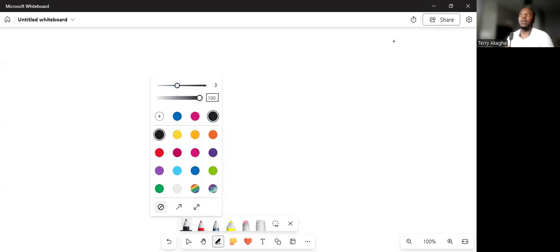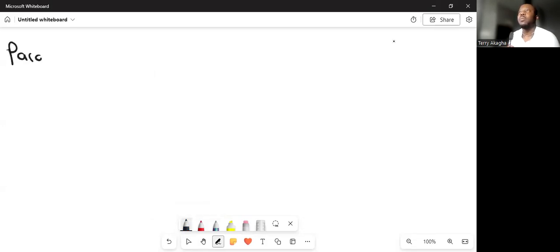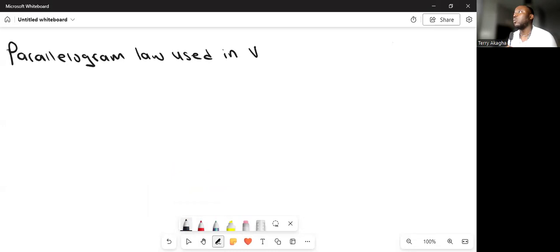Okay, so let's do the next one, which is the parallelogram law used in vector subtraction.